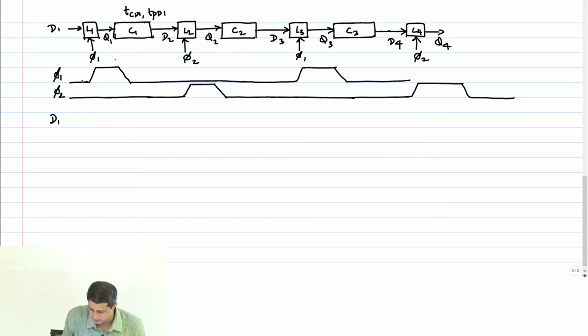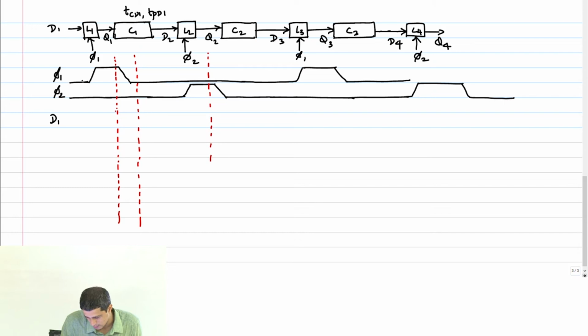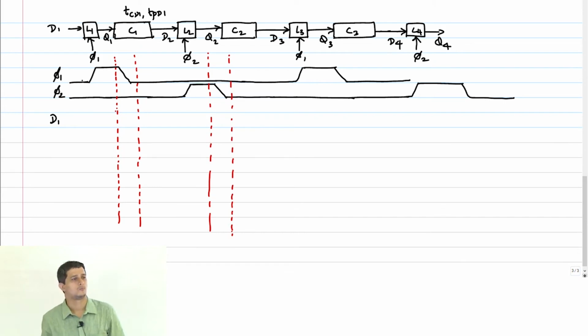Okay. So let's also, before that, draw our violation window. This is my violation window for phi 1, right? For L2 again, this is my violation window. Okay. So what happens is D1 is now changing somewhere inside here.